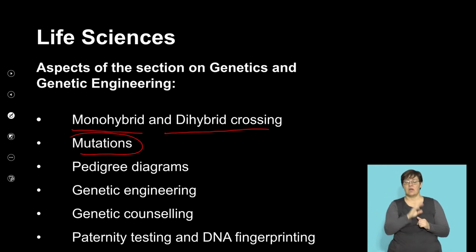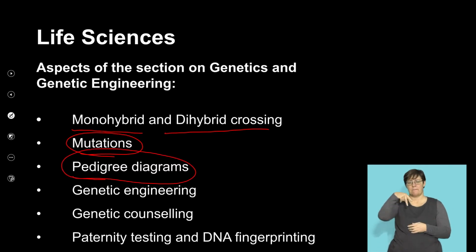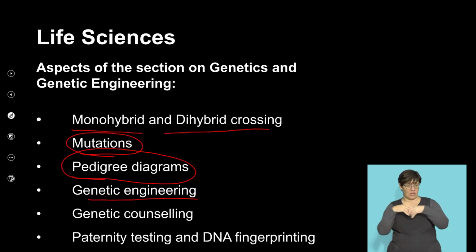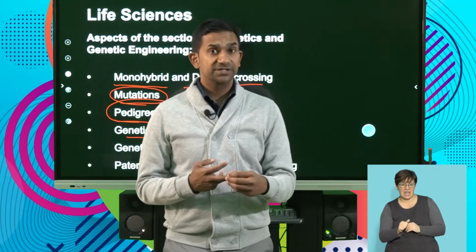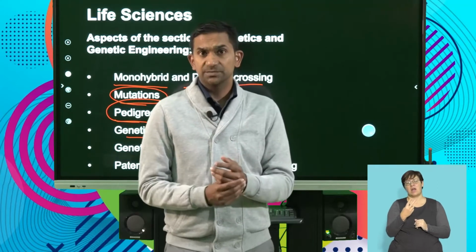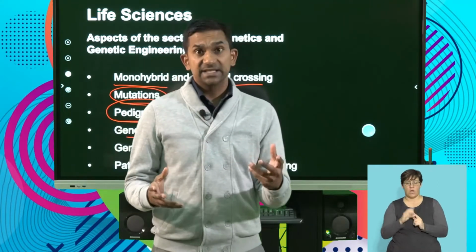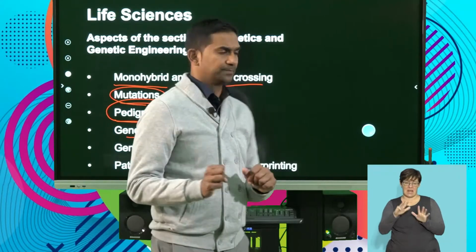The concept of mutations such as sickle cell anemia, hemophilia, color blindness, and other abnormalities, and understand how these are inherited by using images or charts called pedigree charts. We need to know the concepts of genetic engineering and the different processes that occur, examples of which are cloning, recombinant DNA technology, somatic cell nuclear transfer, and even a new concept called CRISPR-Cas9, and so that's a gene editing tool.